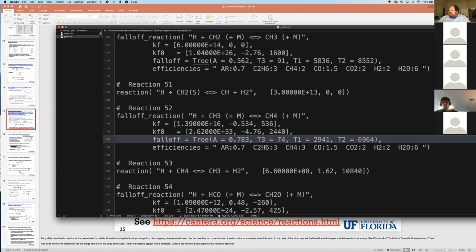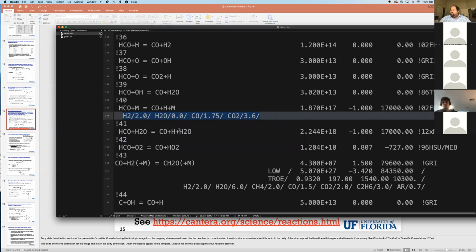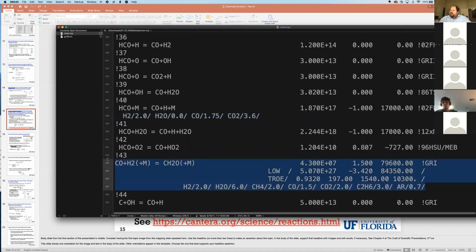And then this is a Cantera file, which you guys will be using, and I'll just show you a Chemkin file because you will encounter those a lot if you work with combustion. And in a Chemkin file, here's one right here. So we have CO plus H2 plus (M).